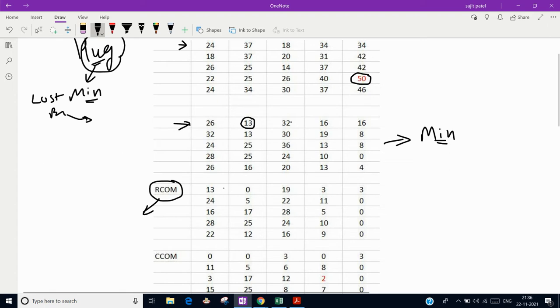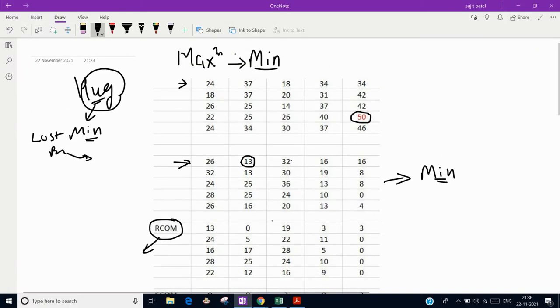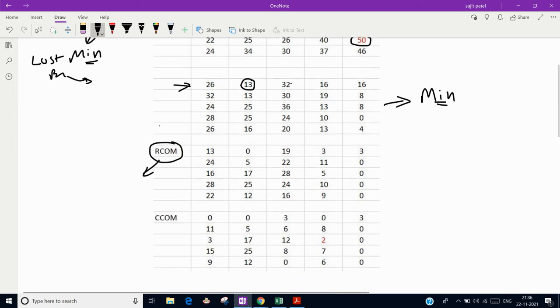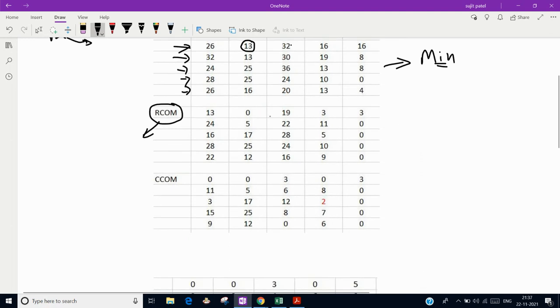So if we subtract 13 from 26, we get 13, 0, 19, 3, 3. Similarly, do this for all the rows. Now check whether each row contains at least one zero. Yes, each row contains at least one zero, but every column does not contain a zero.